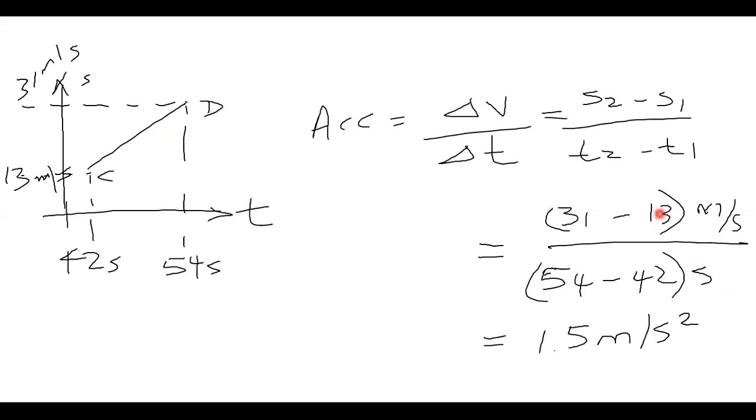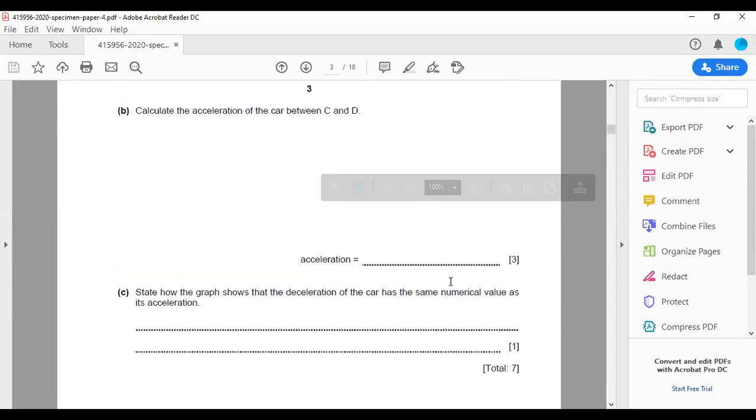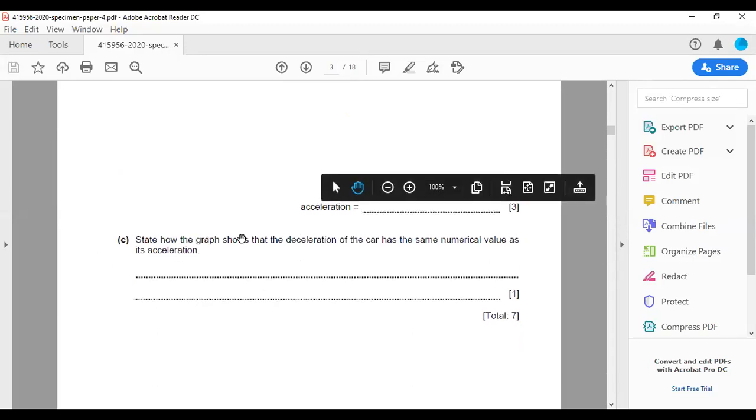Are you okay with this so far? Nice. So we're moving on. So we calculated the acceleration. Now they had asked, lower down, state how the graph shows the deceleration of the car has the same numerical value as the acceleration.